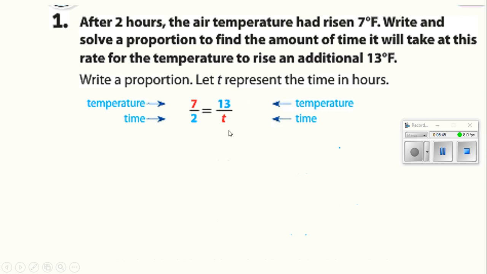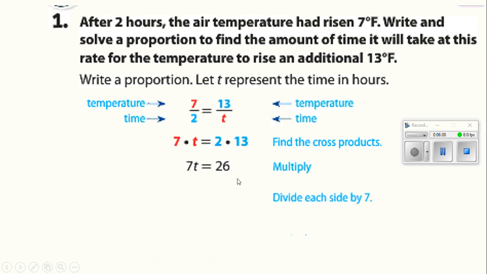Now we're going to cross multiply. If I know that AB equals CD, that means that 2 times 13 equals 7t. Well, 2 times 13, that's pretty easy. That's 26. And 7t, well, that tells me I've got to get 7 away from t to find out what t is. I need to divide both sides by 7 in order to do that.